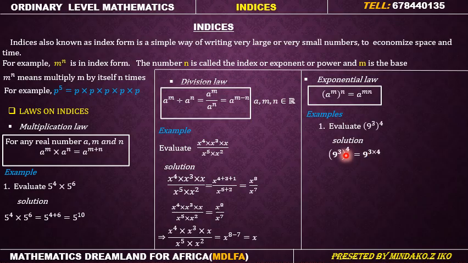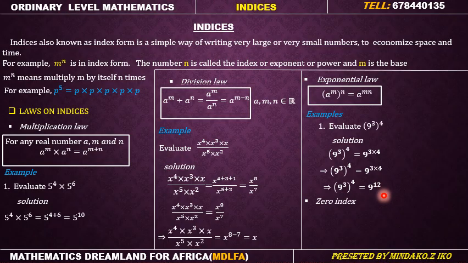You see, just take the inner power and multiply by the outer power, or simply multiply the two powers. So 9 to the power 3 times 4 is simply equal to 9 to the power 12. It depends on you, you can actually take a calculator and punch it in to get the value.